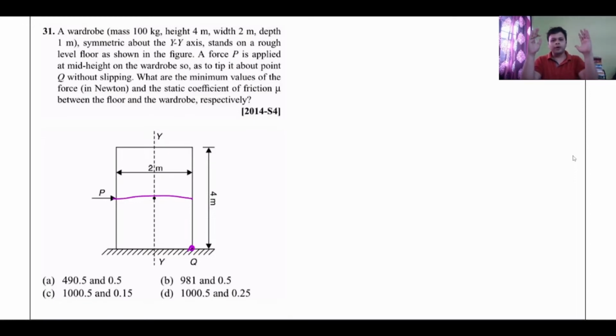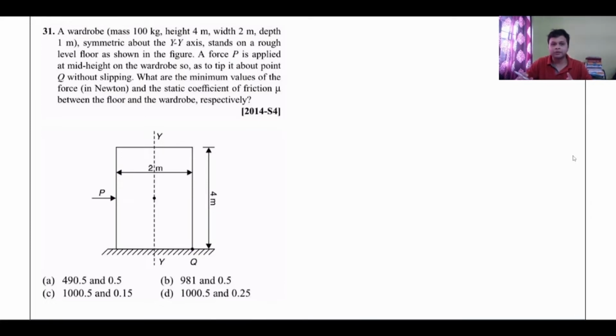What are the minimum values of the force and the static coefficient of friction mu between the floor and the wardrobe respectively? So we have to consider the limiting condition.